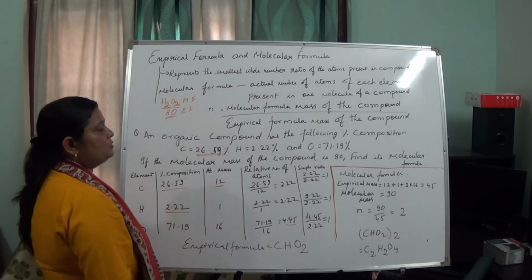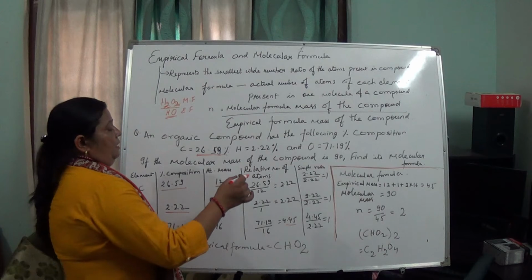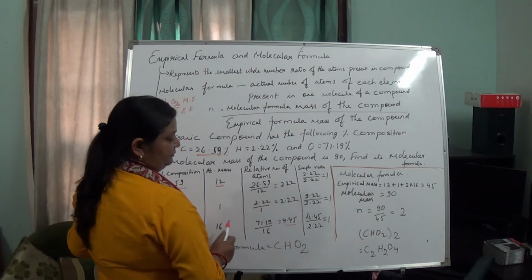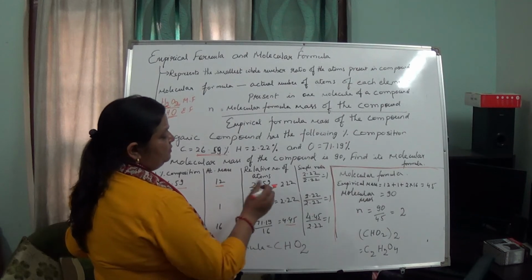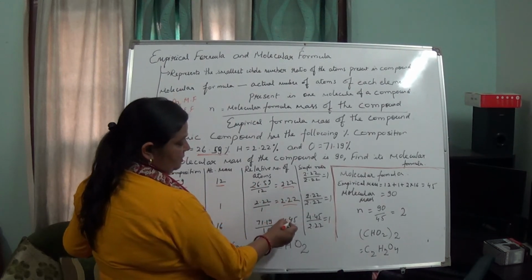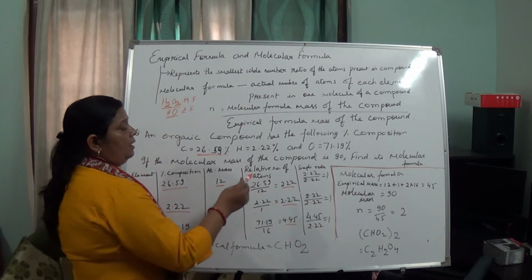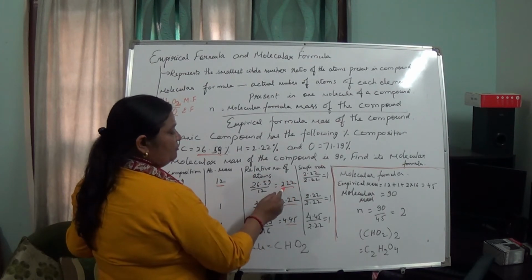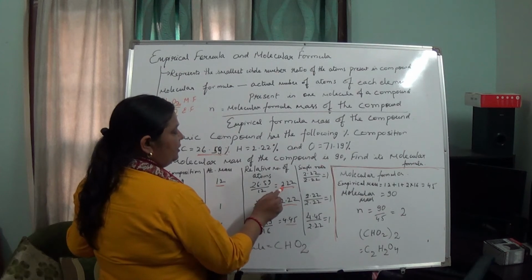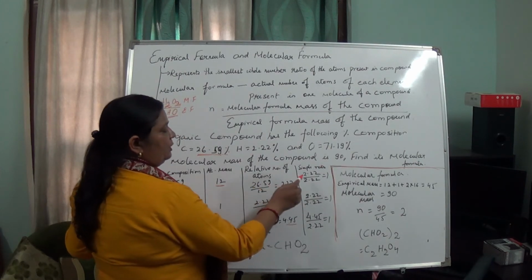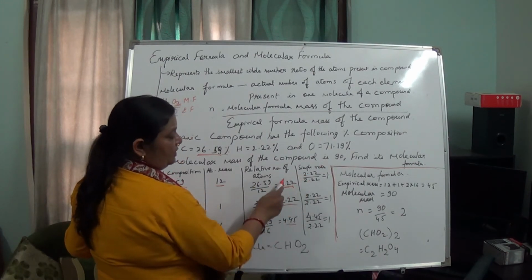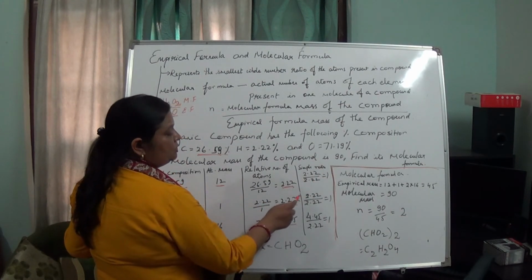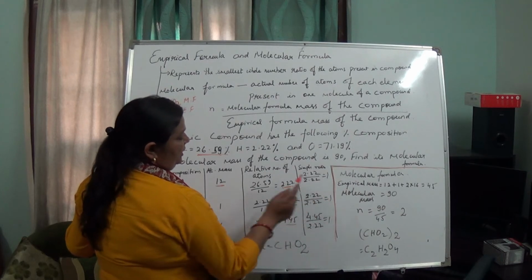Now we have to see the smallest number first. Here 2.22 is the smallest, and this one is the bigger one. So we divide each relative number of atoms by the smallest number. 2.22 divided by 2.22 gives 1. In this case also, dividing gives 1.